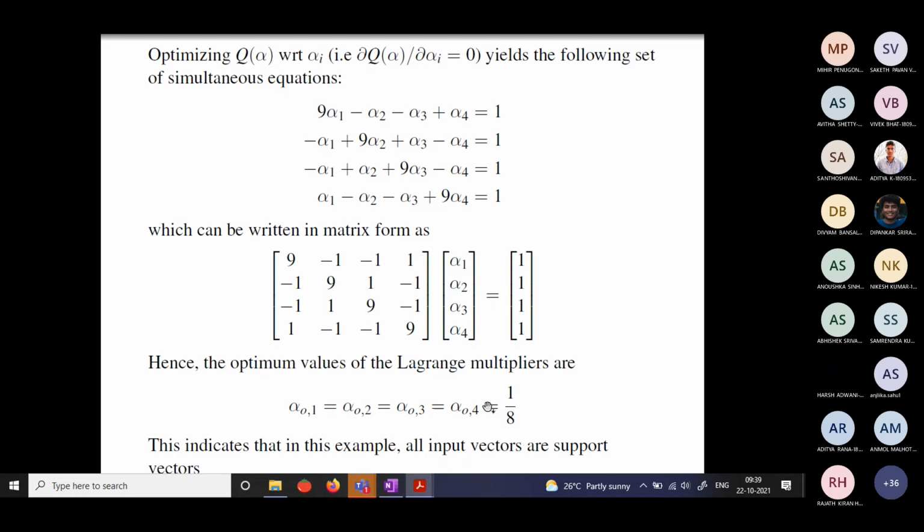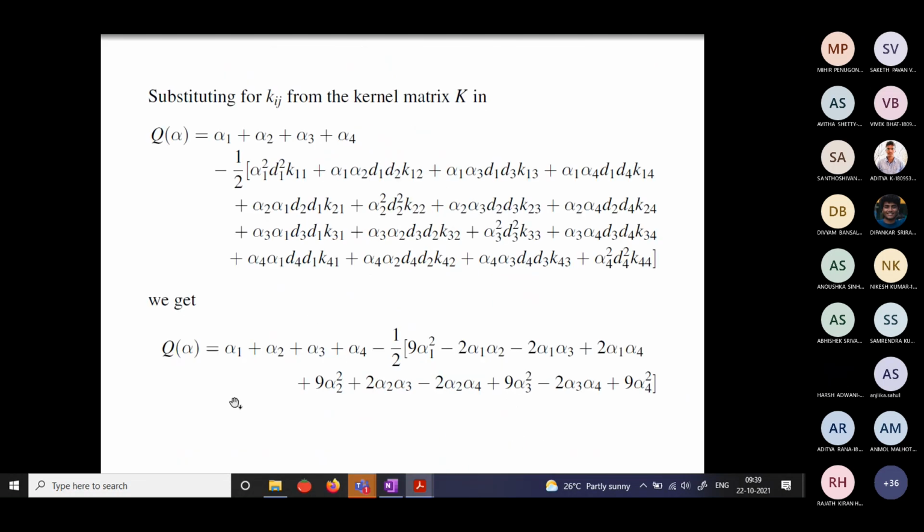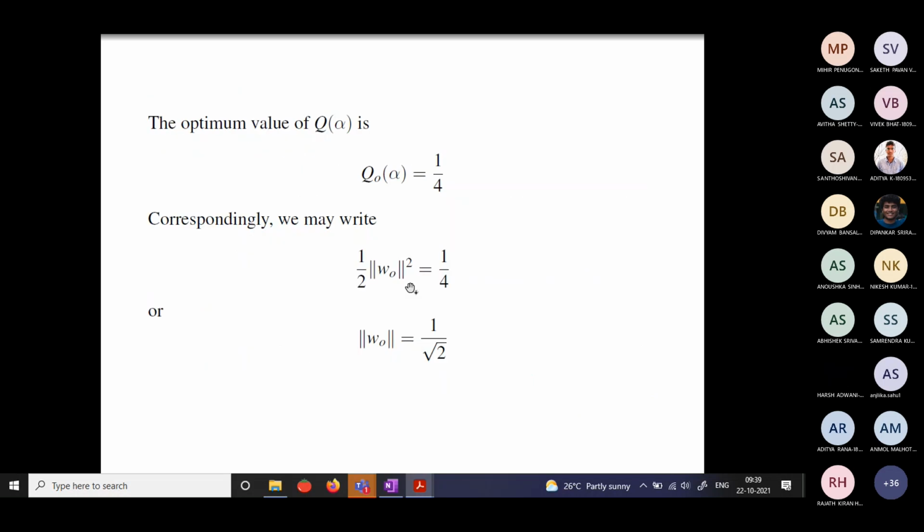Now we substitute this value of alpha in this particular equation. When you get the value, you get the objective value, and this comes out to be 1 by 4. Correspondingly, we already know that this is simply 1 by 2 W naught square from the starting itself. If that value comes out to be 1 by 4, then the norm of W, squared, goes to 1 by root 2.